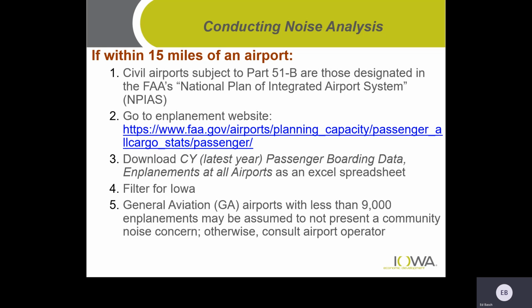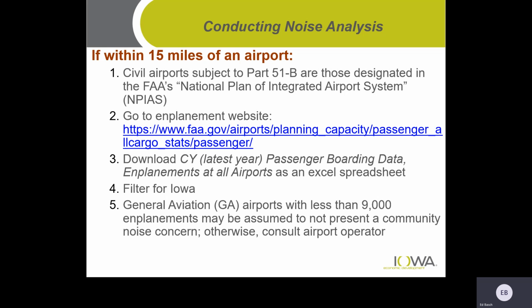If within 15 miles of an airport, civil airports are those designated in the FAA's National Plan of Integrated Airport Systems. In this case, however, only certain airports are subject to noise assessment, and that is based on enplanements.